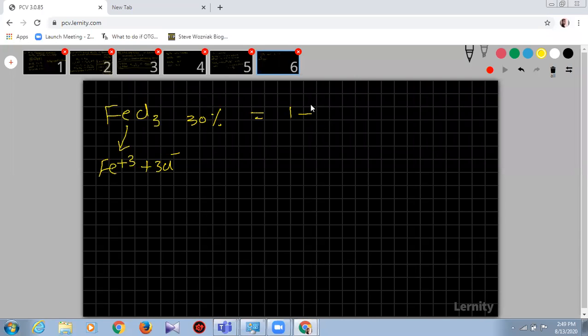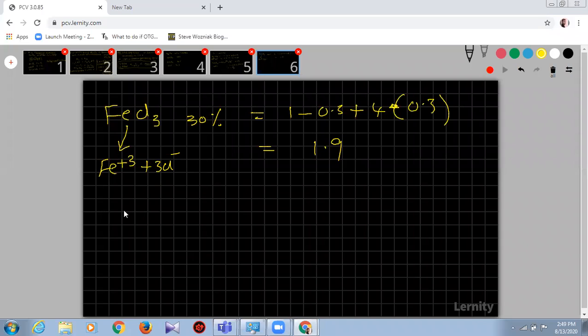So 0.3 plus 4 into 0.3. The value is 1.9.